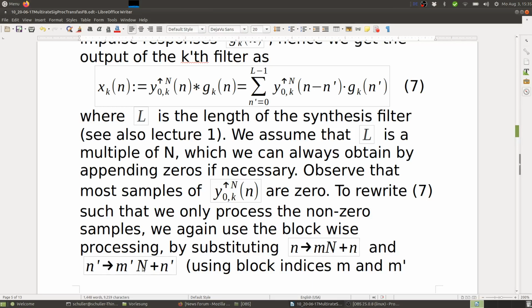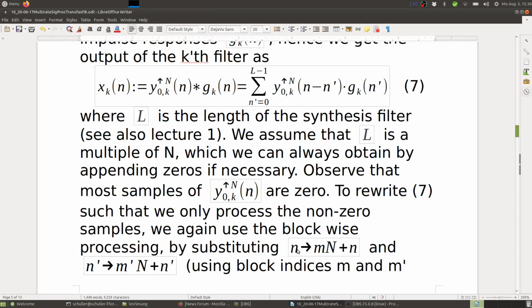Instead of having just one index, we now get two indices. We have lowercase m for the block index, and we have lowercase n for a new in-block index. Here I use the same letter, but actually they have different meanings.